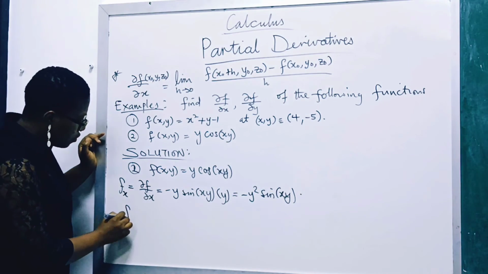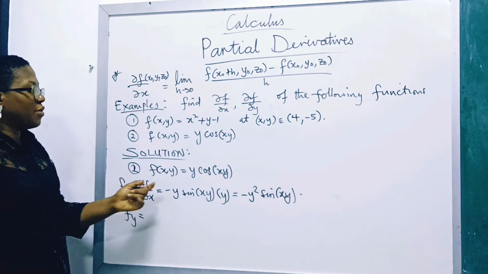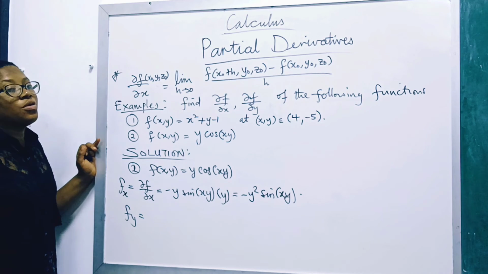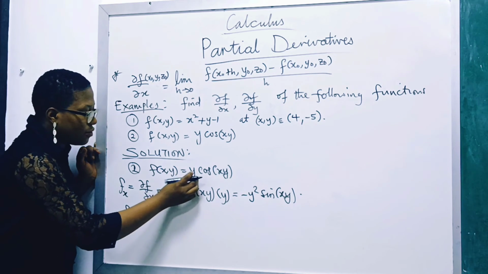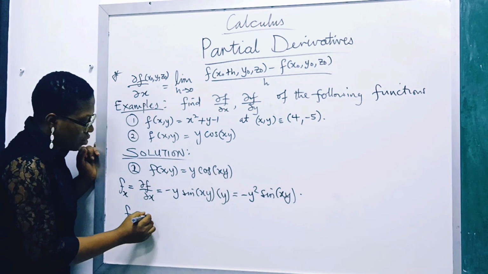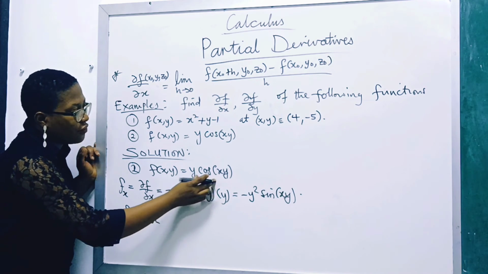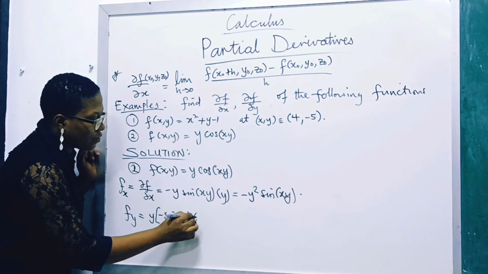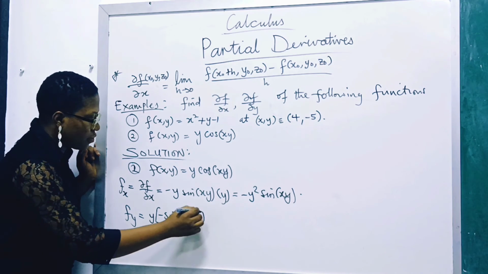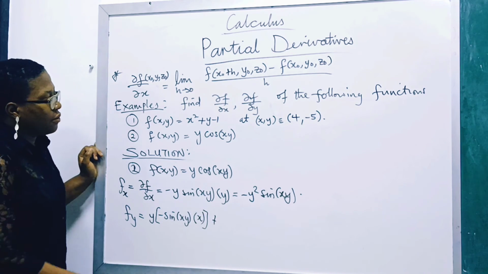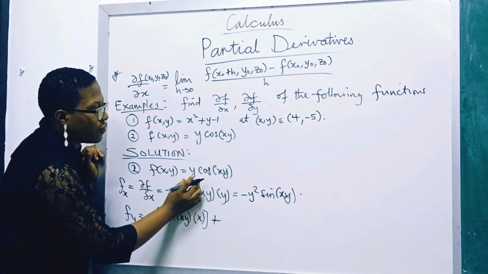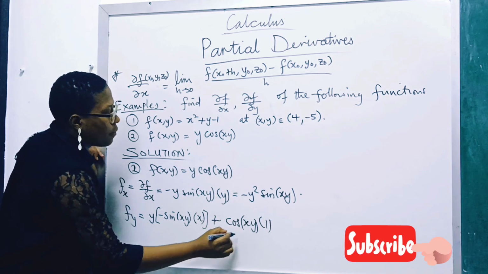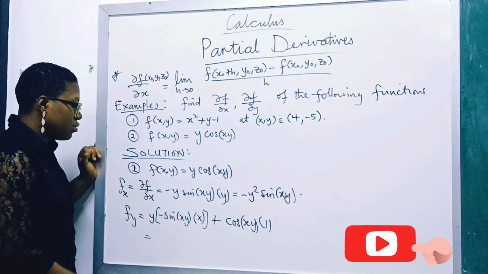And then let's differentiate with respect to y. We have a product of two functions, so we use the product rule. We keep the first and differentiate the second with respect to y: y times minus sine xy times x, plus we keep cos xy and differentiate y, which gives cos xy times 1.